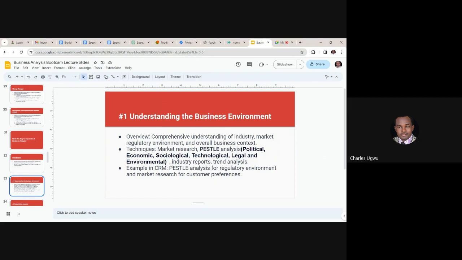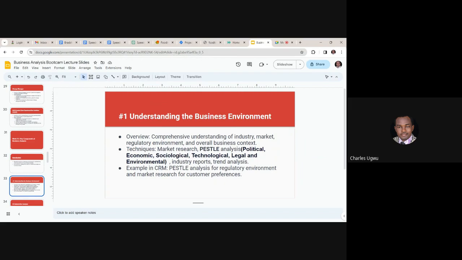For instance, we are talking about legal and regulation. You are dealing with people's data, so you need to understand how they are regulated. These days, more especially in the UK, we have what we call the Data Protection Act, GDPR. These are some of the factors affecting how you use customers' data and other things.